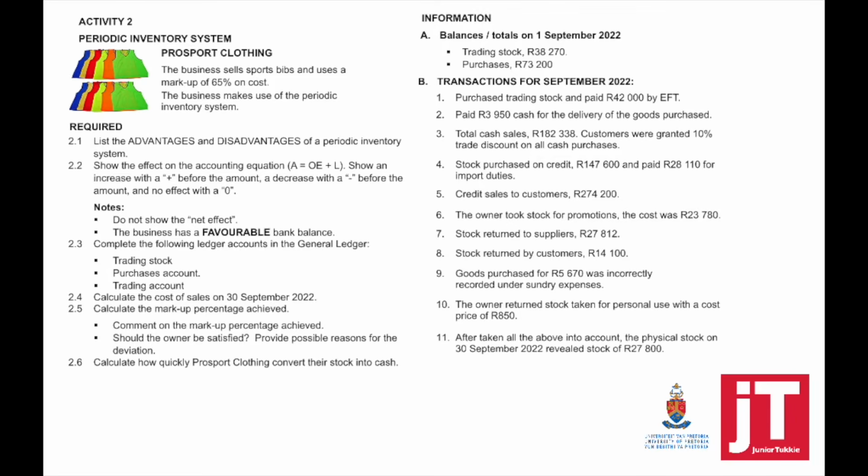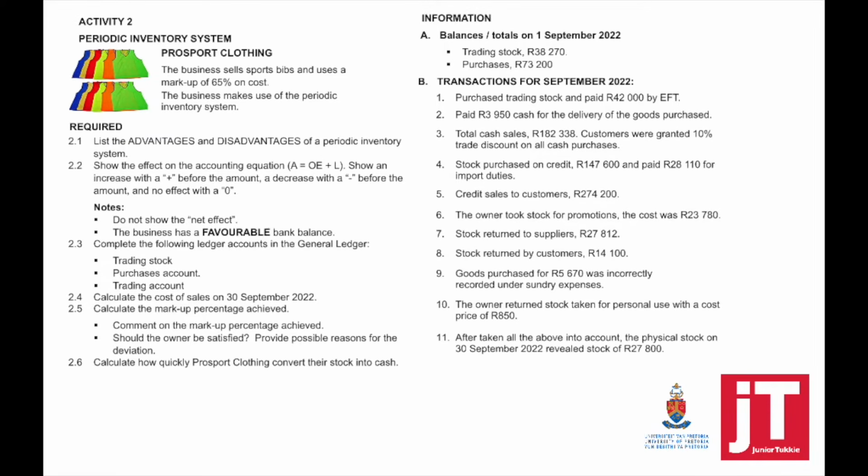2.3, complete the following ledger accounts in the general ledger, the trading stock, the purchases account, and the trading account. 2.4, calculate the cost of sales on 30 September 2022. 2.5, calculate the markup percentage achieved. Comment on the markup percentage achieved.